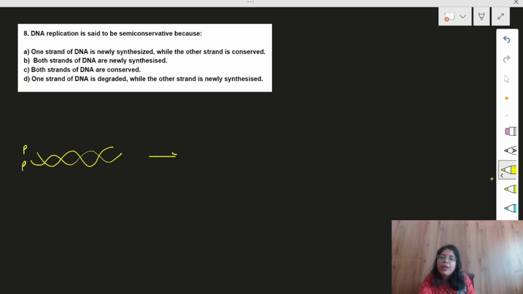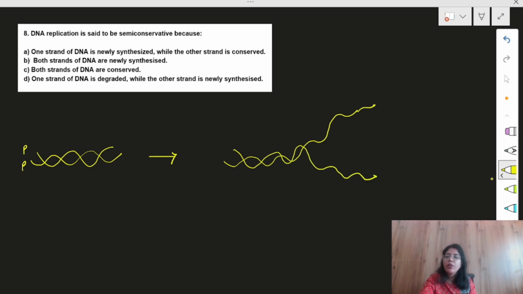If I want to make new DNA out of this, both will act like templates. At a time, both the strands will unwind and open, and both will act as template strands. Utilizing them as templates, new strands will be formed.